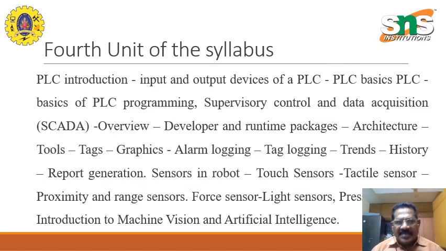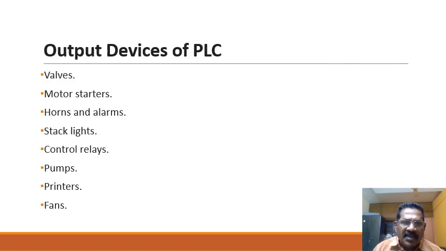Let's look at the syllabus. Last time we covered the PLC introduction. We also covered the input and output devices of PLC. Here we will look more at SCADA and its programming requirements. Now let's go ahead.